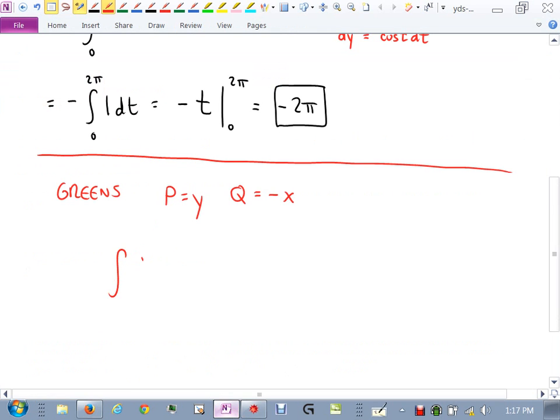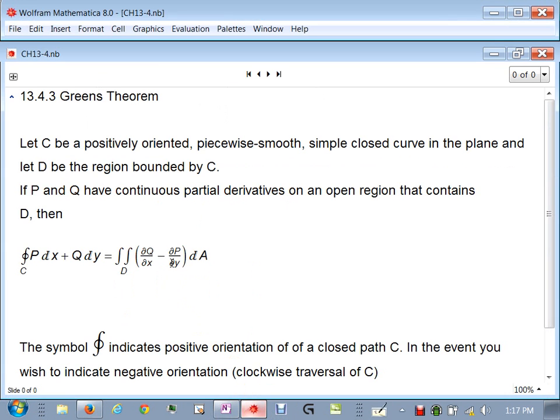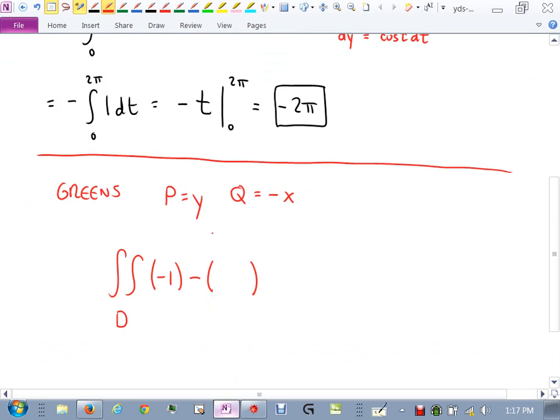So this is going to be a double integral over D. Partial Q with respect to x is -1, minus partial P with respect to y, right? So -1 dA.